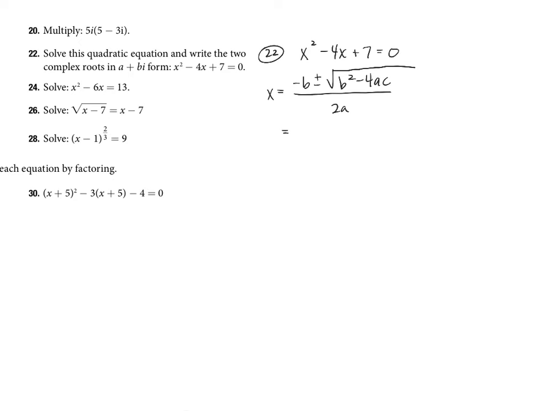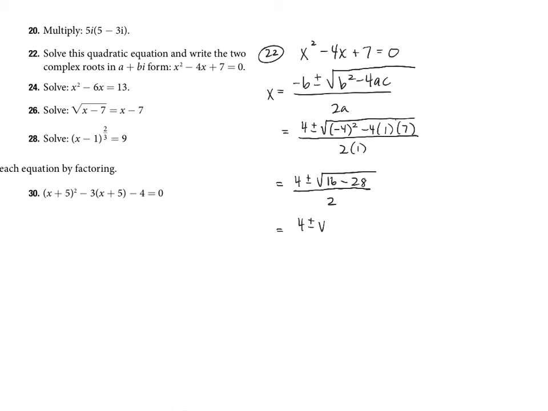So the opposite of b is -4, so the opposite of that would be +4, plus or minus the square root of b squared, so -4 squared, minus 4 times a, which is 1, c, which is 7, all over 2a, which is 1. So we're going to have 4 plus or minus the square root of -4 squared is positive 16, minus 4 times 1 times 7 is 28, all over 2. So we have 4 plus or minus the square root of, it looks like a -12, all over 2.